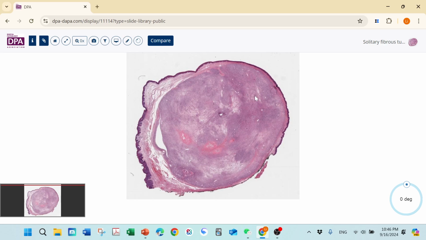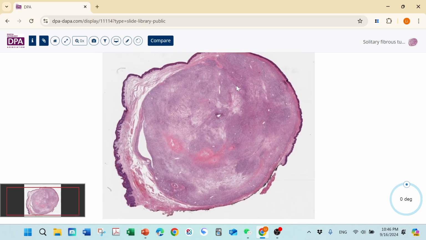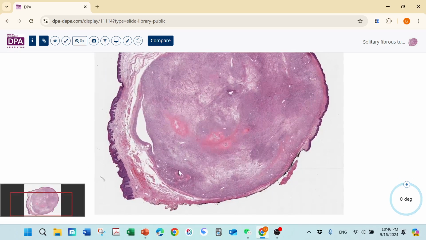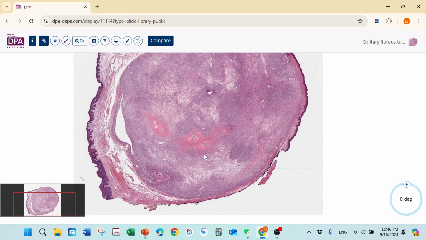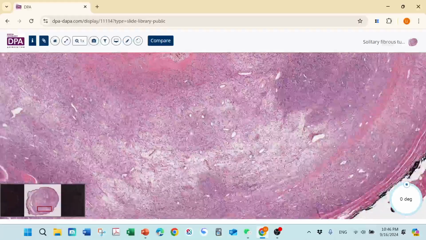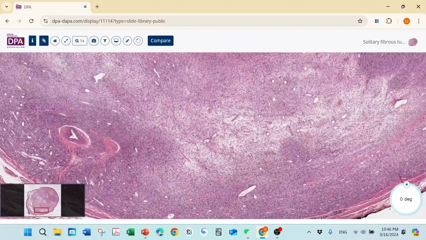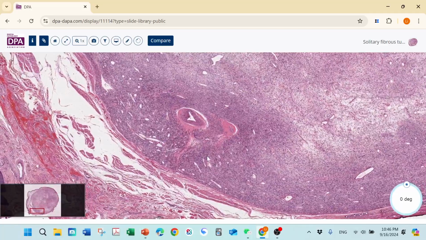So going back to this SFT, even in this low power, we can see some vessel, kind of staghorn vessel, and then some area with edematous hypocellular, some areas hypercellular. We always can see this sclerotic stroma, and let's take a deeper look at this staghorn vessel.